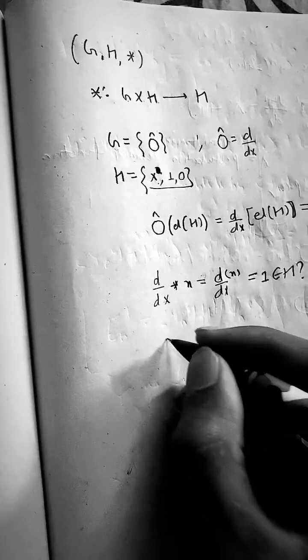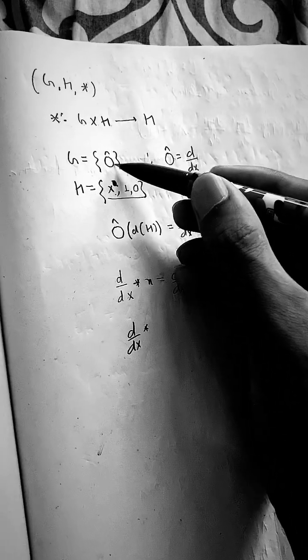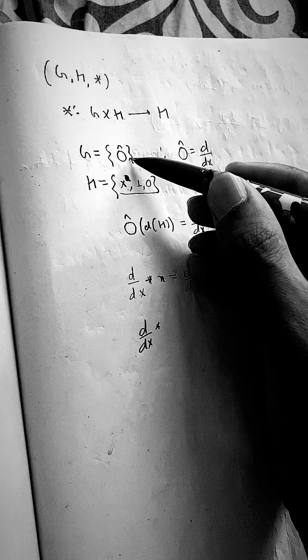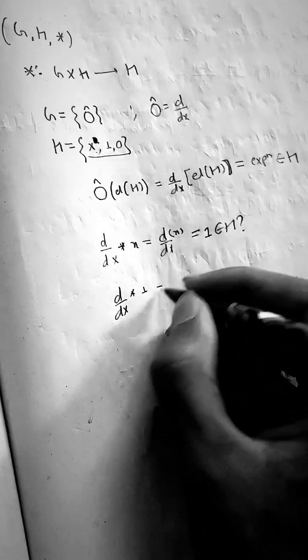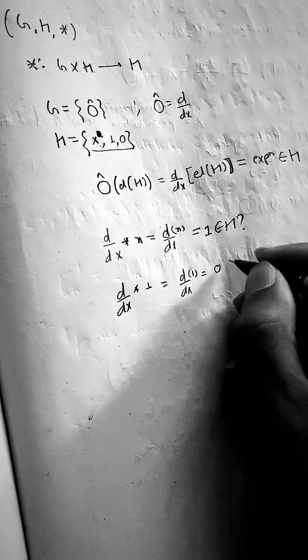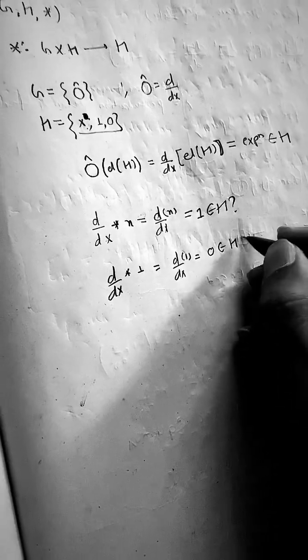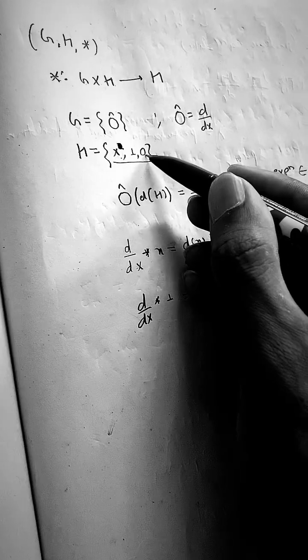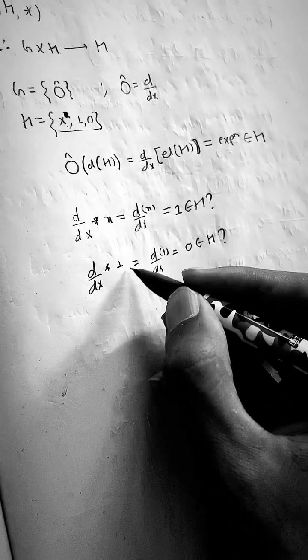Now we have another combination. This operator dy dx acted on x. Now let's make it act on 1. So dy dx acting on 1 will be dy dx of 1, and the answer is 0. Not important again why it is 0. Does it belong to H? Well, of course. Now the third option: we checked for x, we checked for 1, now we have to check for 0.